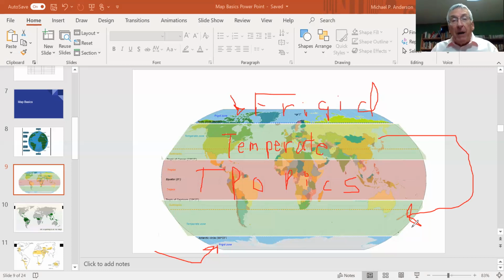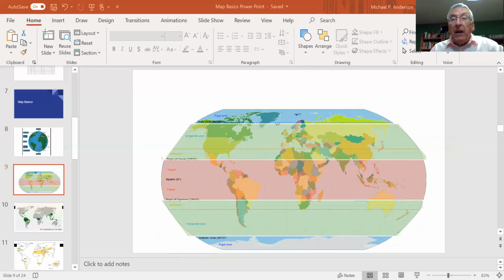If you are up at the top of Mount Everest, because of the elevation, it's going to be very warm. I'm sorry, very cold. And of course, there are lots of deserts in the temperate zones. It all depends on lots of other factors besides which zone you are in. So we have 2 frigid zones, 2 temperate zones, and the tropics in the middle.